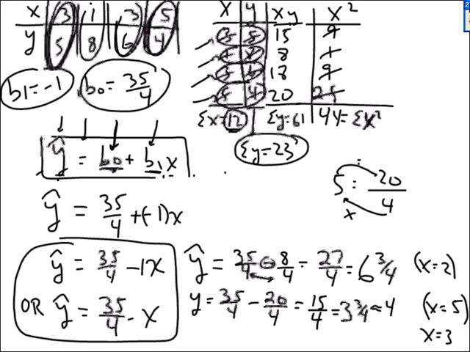So this equation, the line in the bottom left corner, should be a reasonably good approximation to estimate the data. The closer r is to 1 or -1, the better the correlation is, the better this line will approximate the data.